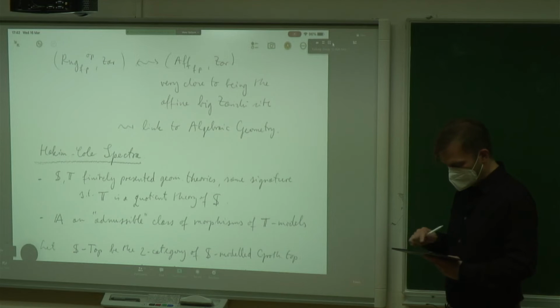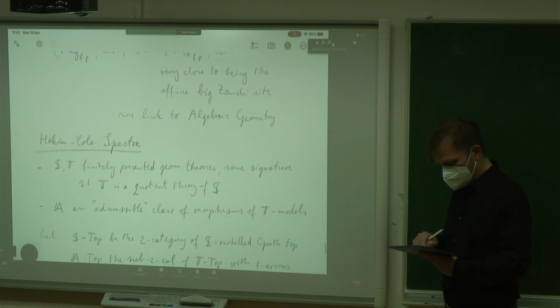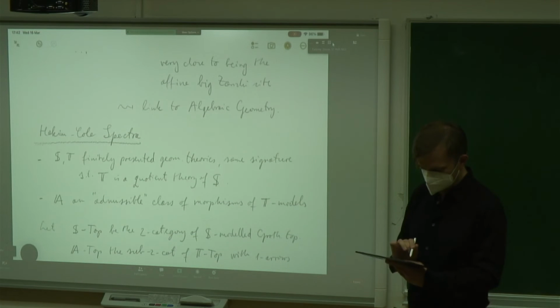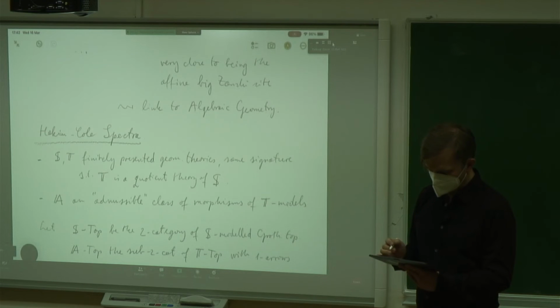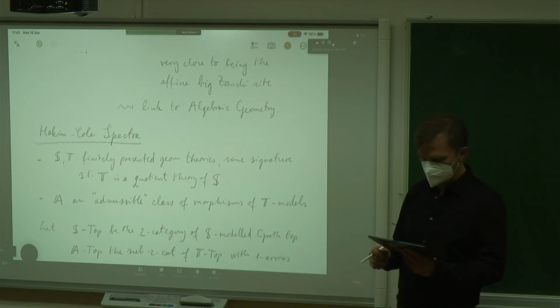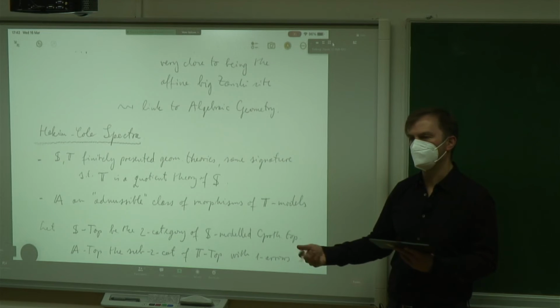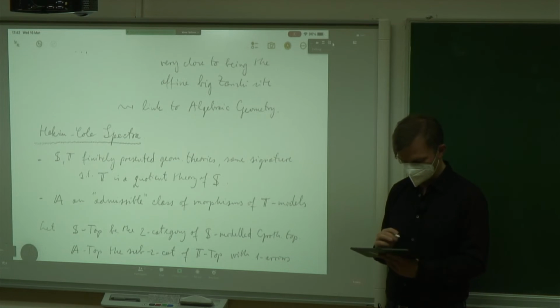So what are the ingredients? We have S and T, two finitely presented geometric theories in the same language, same signature, such that T is a quotient theory of S. That simply means that T is obtained by adding more axioms to S.